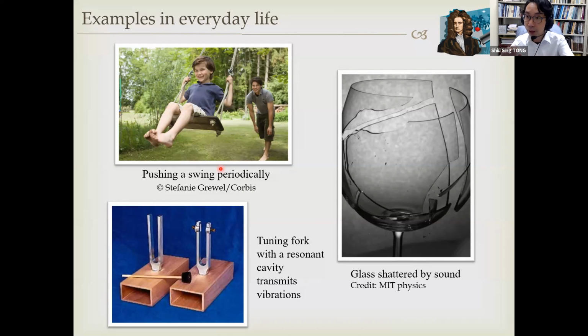If the boy is moving back and you push in the opposite direction, some of the energy will be lost, and that would not be effective in increasing the energy and the amplitude of the system. So if you want to push him higher and higher, you have to apply force with a frequency equal to his natural frequency.